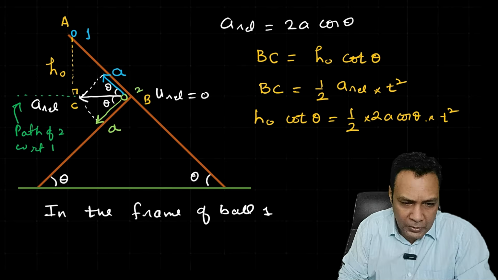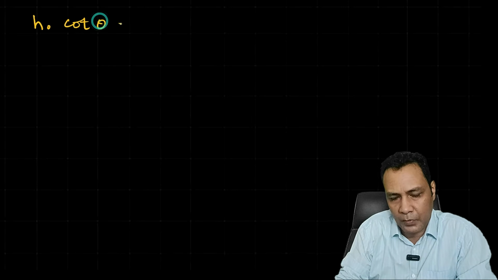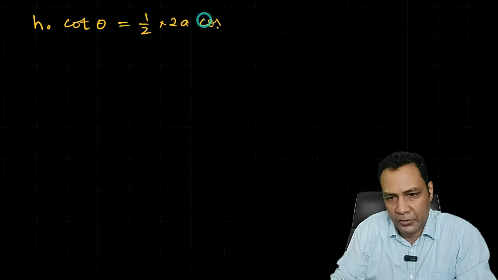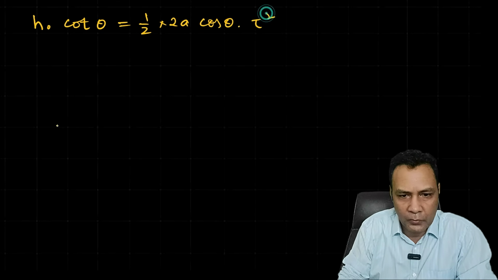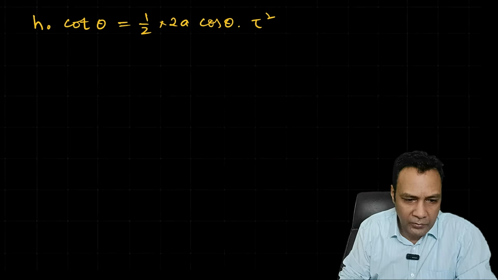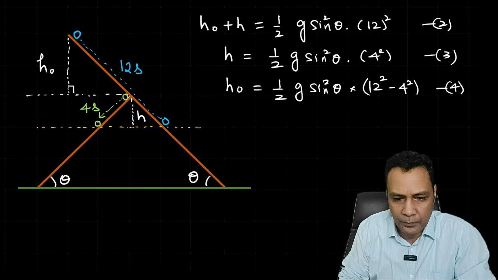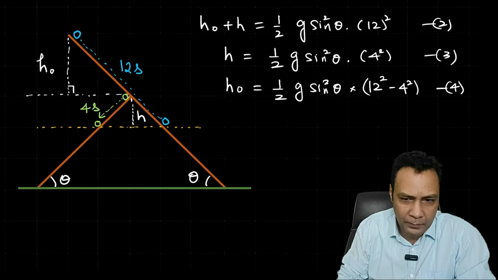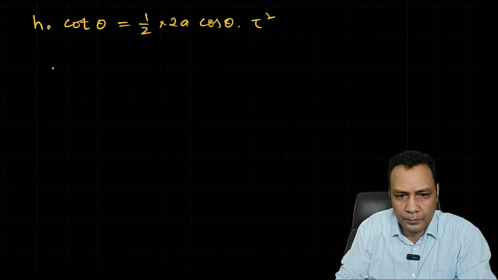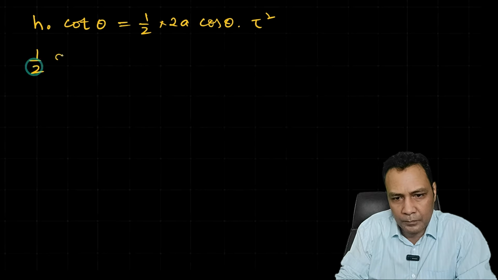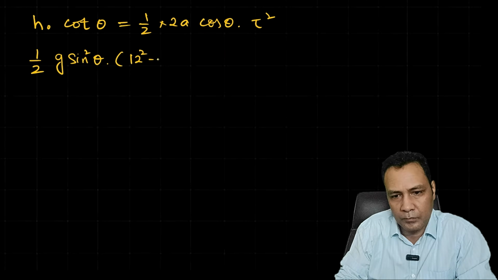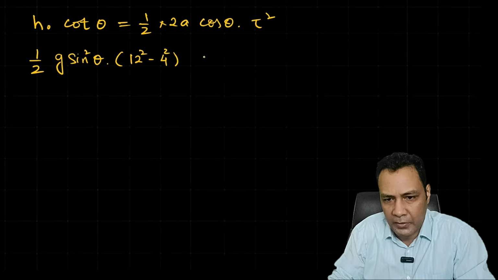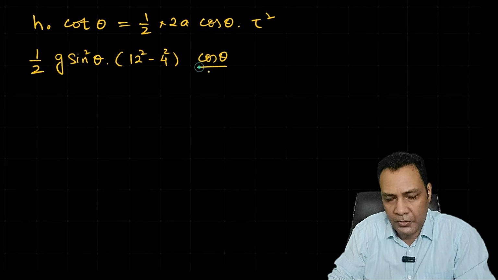Again, let me go to the next page. h naught cot theta is equal to half into 2a cos theta into time square, that is tau square. You can write the value of h naught from here: h naught is half g sine square theta, 12 square minus 4 square. Cot theta is cos theta by sine theta.